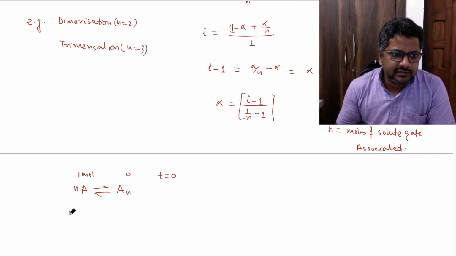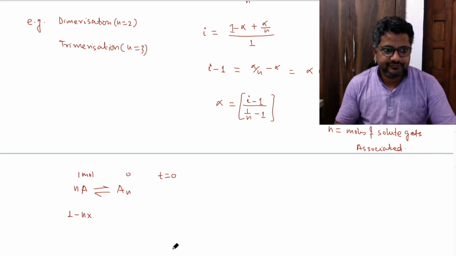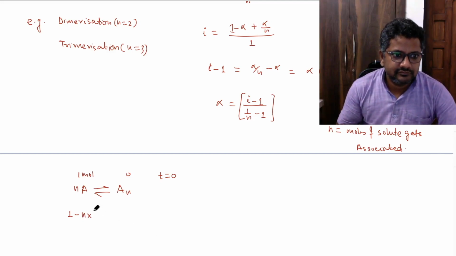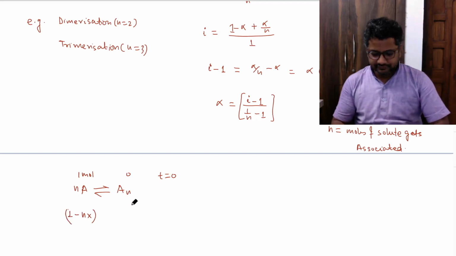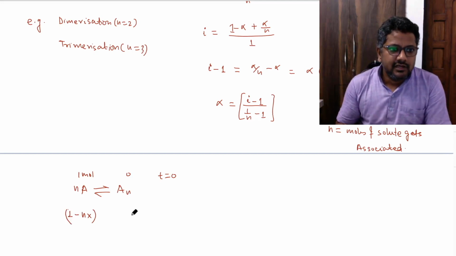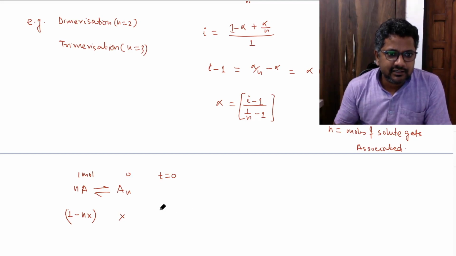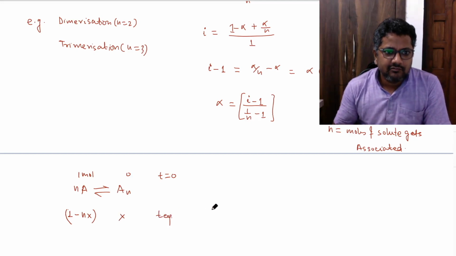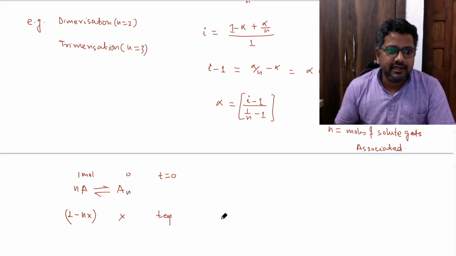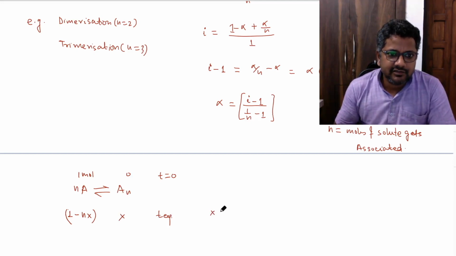So you can take some other method. 1 mole we have taken, nx, and here we are getting x at equilibrium, but this time x is not the degree of dissociation.